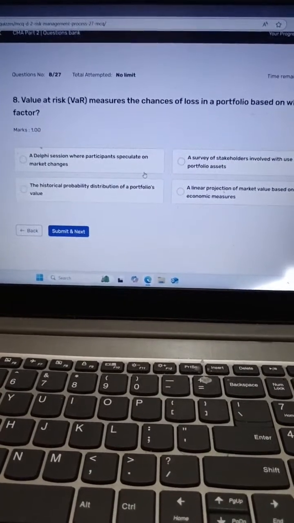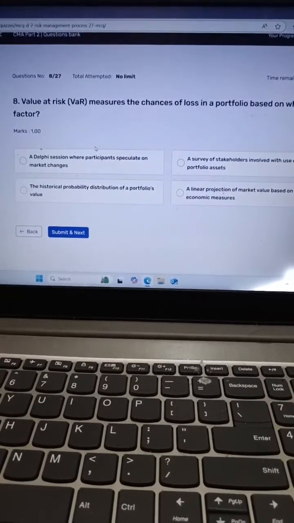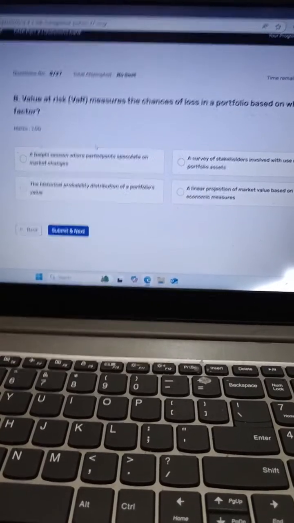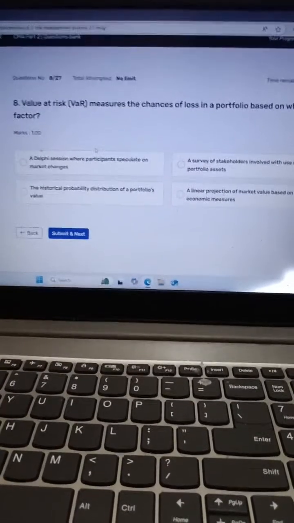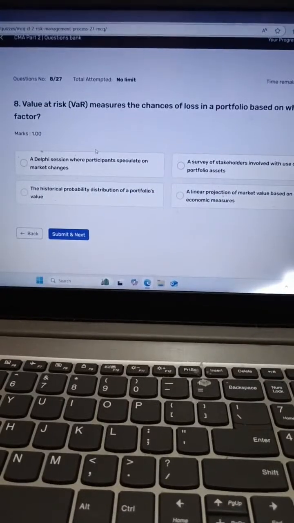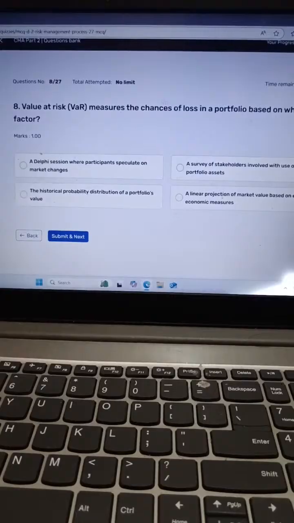And value at risk, in case of enterprise risk, is the historical probability, which can be from -1 to +1. Suppose this is the value at risk.